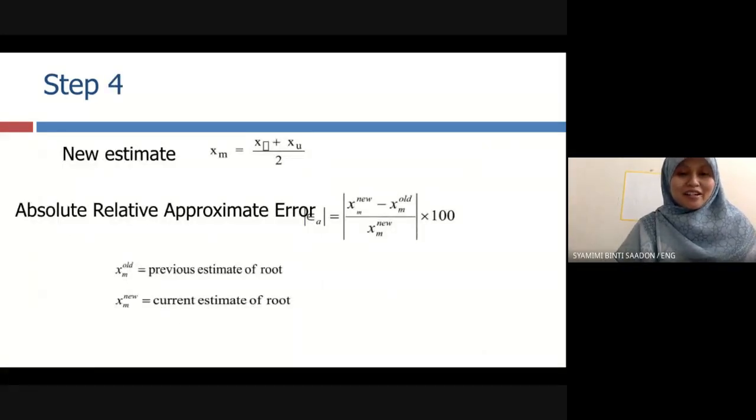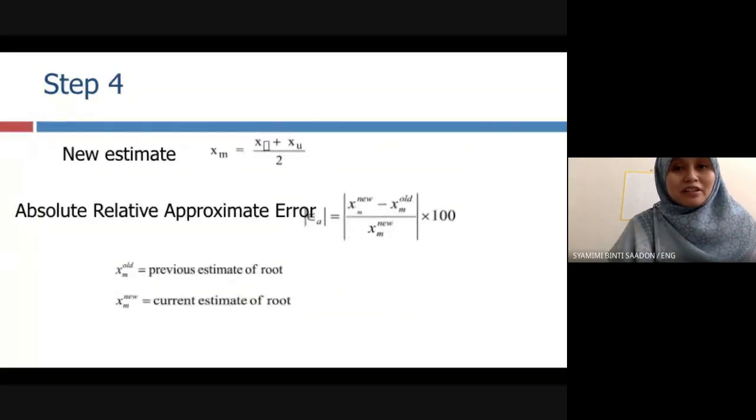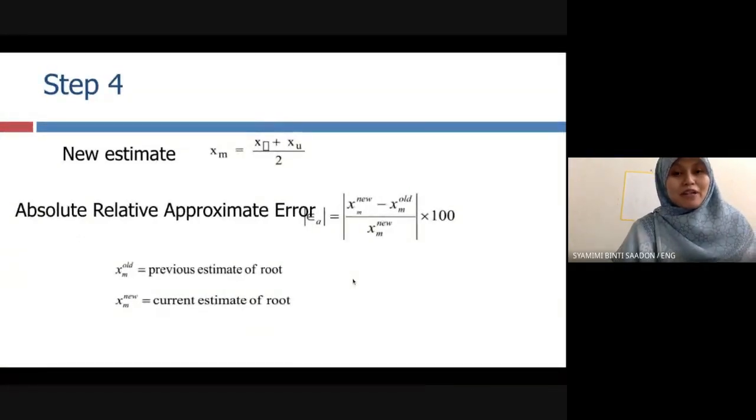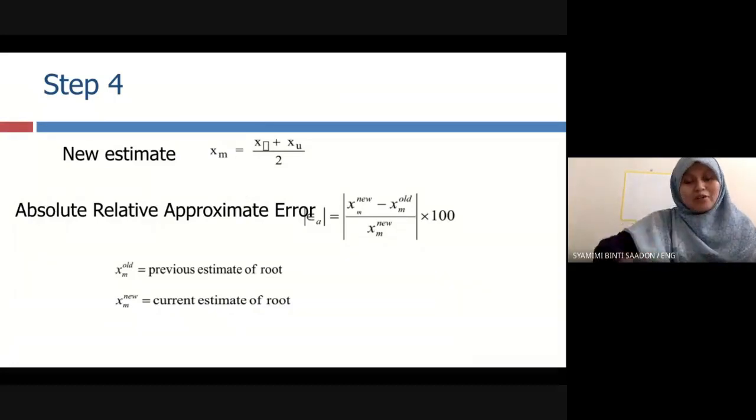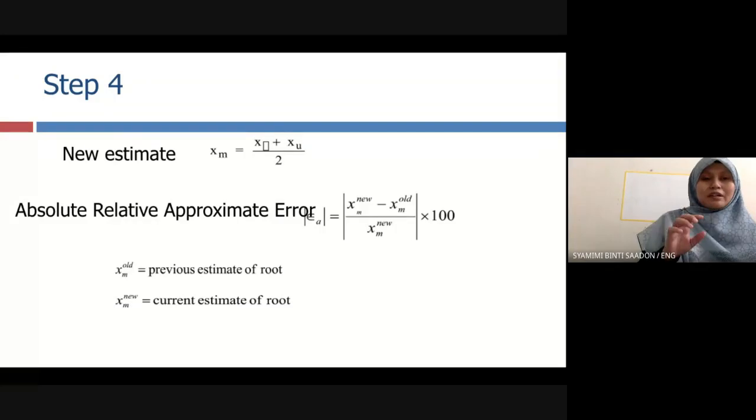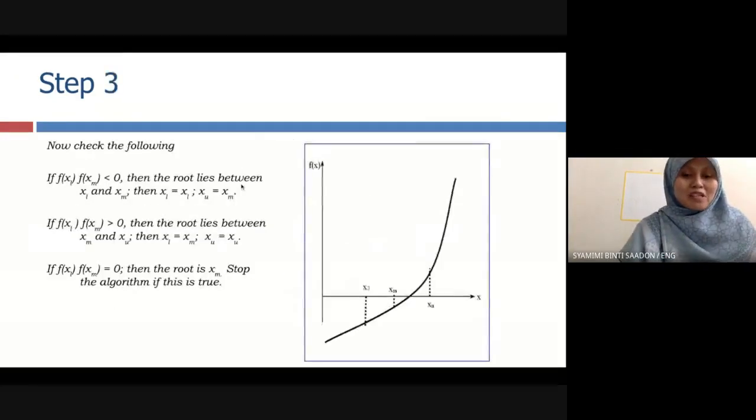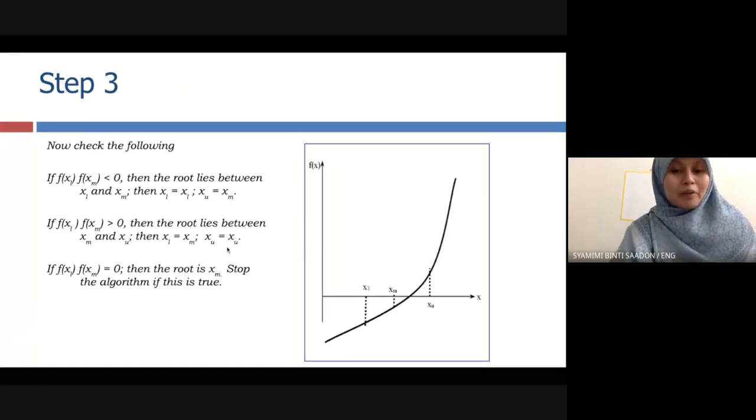Next, the new estimation. Once we have changed, for example we take this graph, which agrees with the second condition, so now XL is XM and XU is XU.